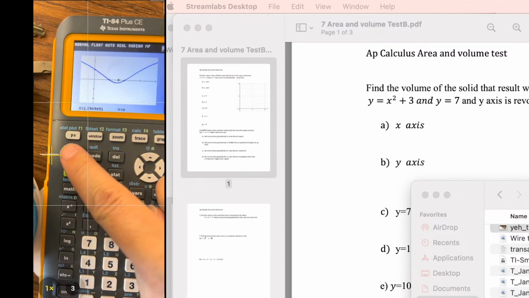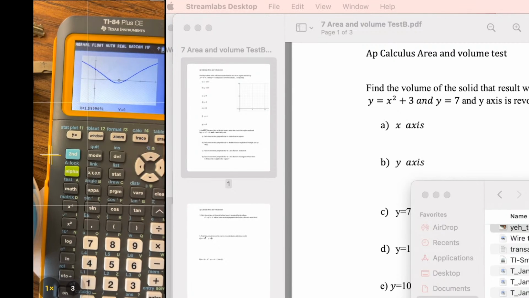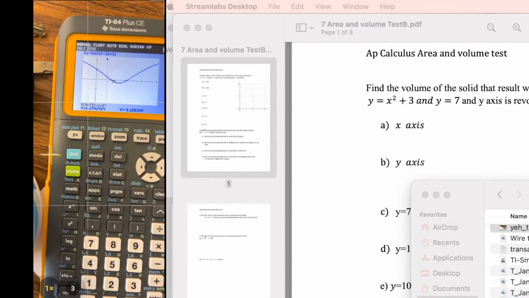And you're going to go second. Remember, you don't use trace. You're going to do second trace, which is going to give you the 0. 0 means x-intercepts. You can figure out where the x-intercept is here. So if I go to left side of the 0, press enter, and go to right side of this 0, which is the x-intercept, and then press enter, and they will say guess.